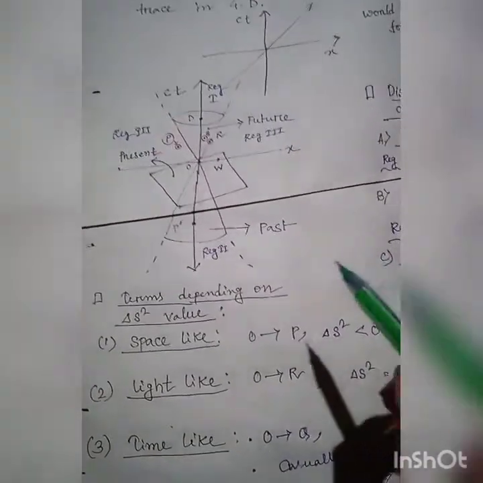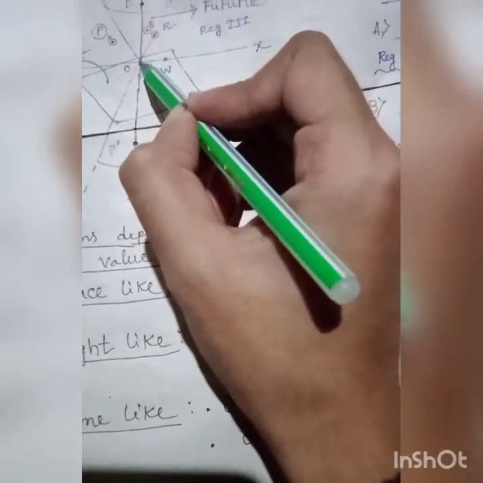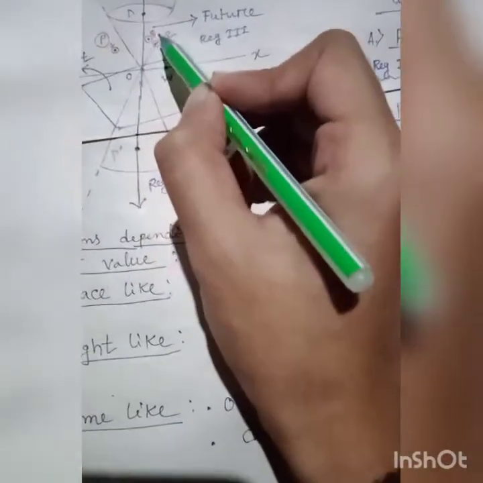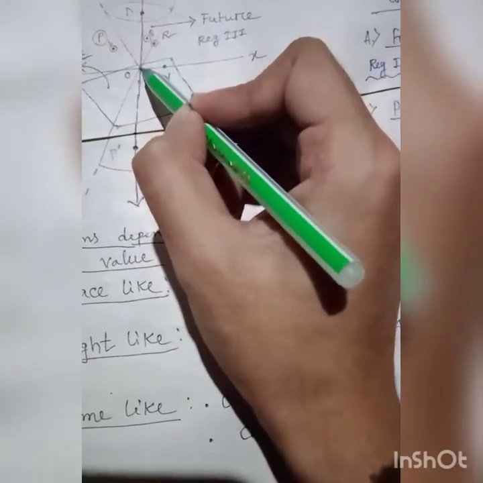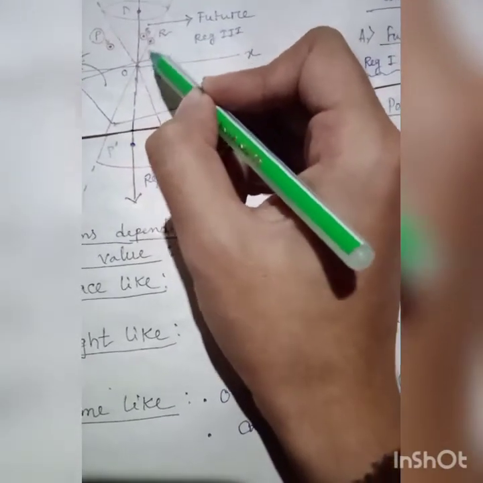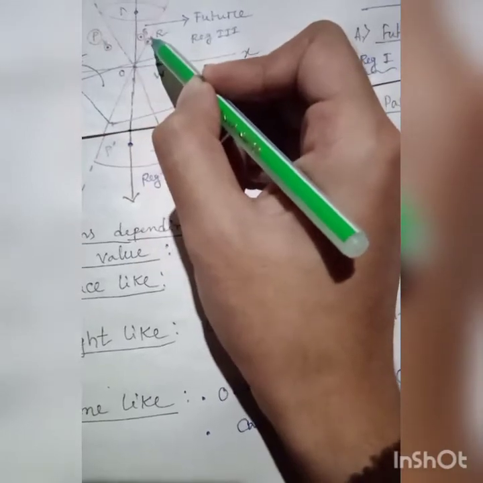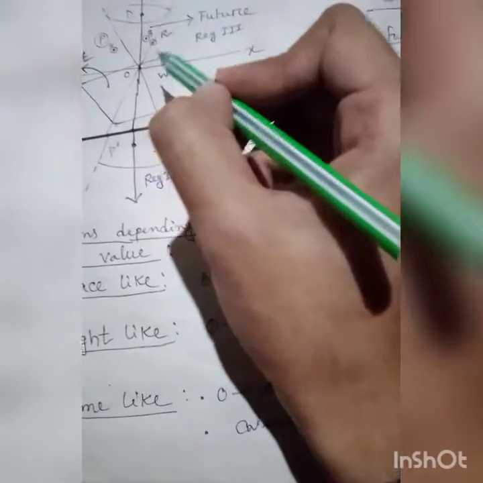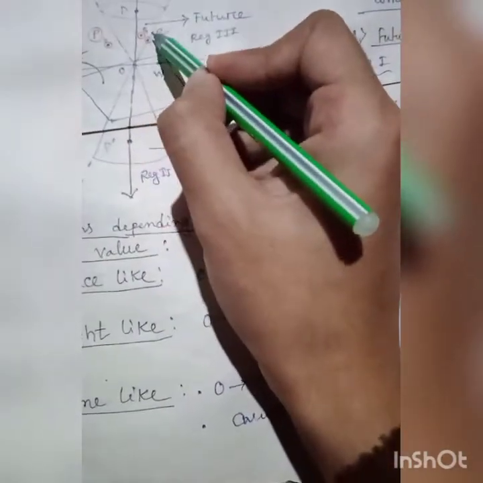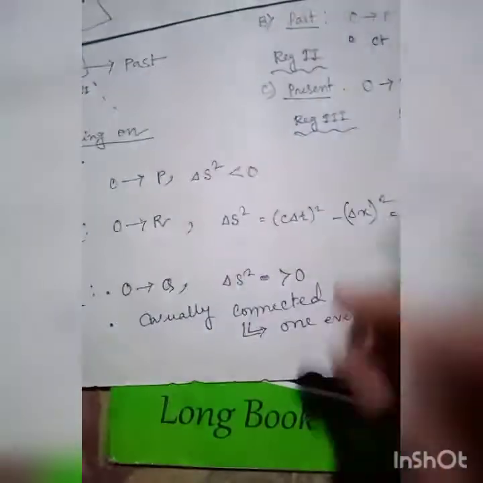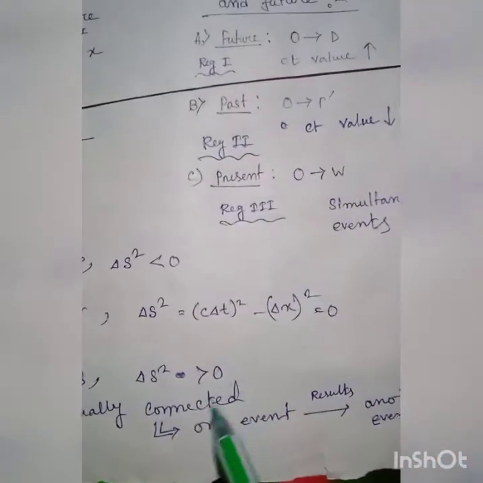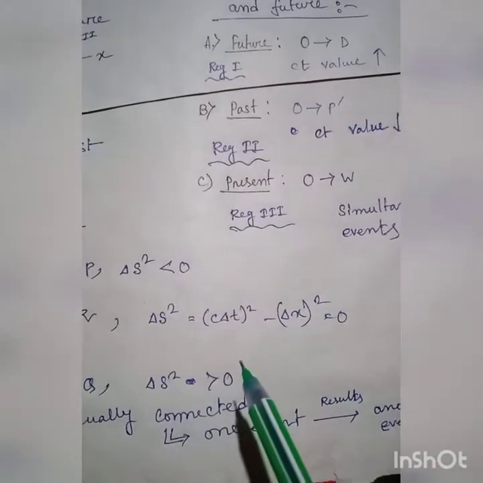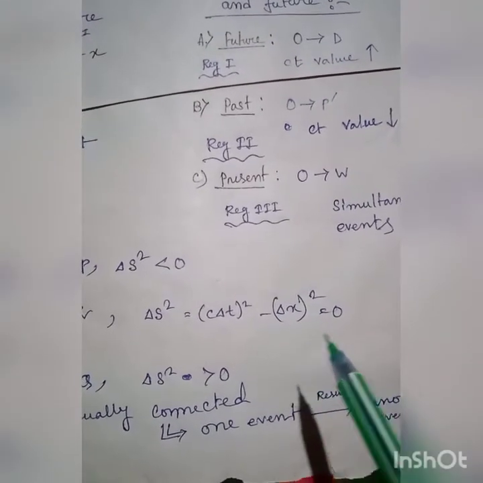Now we'll go from O to the R point. First we have to locate the O point. You all already know that. Now we'll go from O to this R point. If you go from O to R, you will clearly see that the slope is just that of the world line of a photon. So if you calculate in this region the value of del S square, it will come out to be 0.